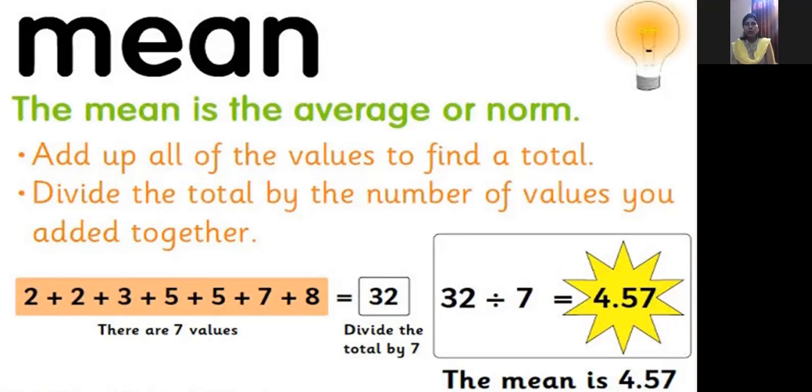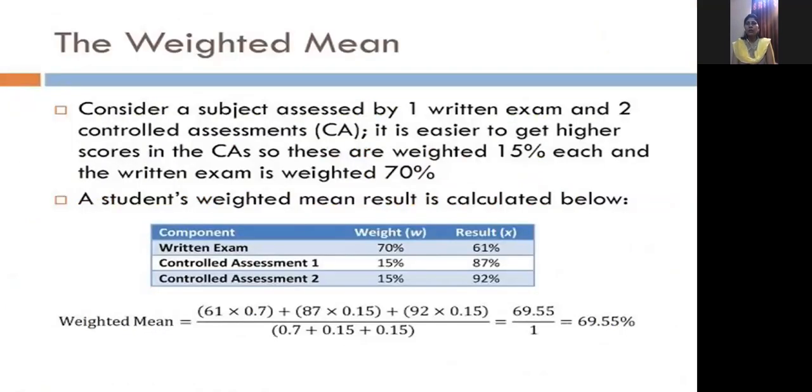So when we start counting these numbers, they are 7 in value. And for calculating the mean, we divide the summation, that is 32, by 7, and we get the mean as 4.57. So this is the method we can find the mean, called arithmetic mean.